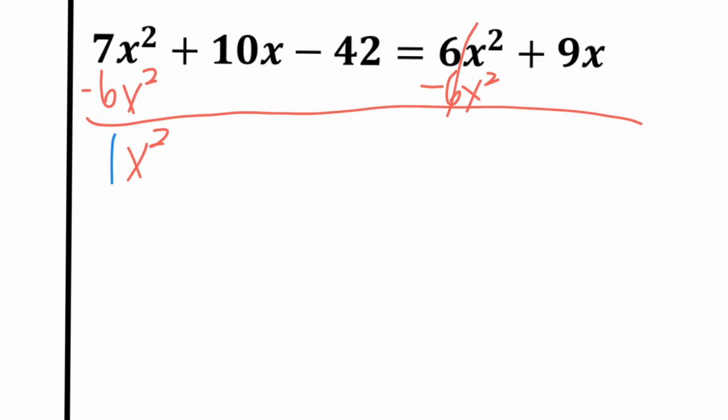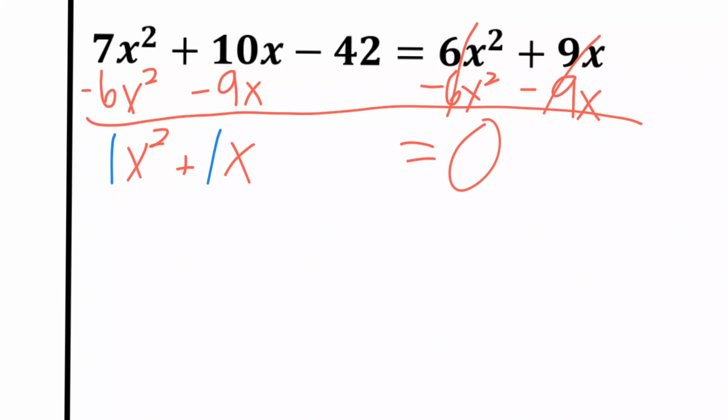Because I moved that x squared over to the left, I'll move this 9x term also over to the left. And I'll put it under the 10x because that's its like term. So 10x minus 9x is positive 1x. You could just put plus x or you could put plus 1x, whatever makes you happy. But since that's gone, now my equation equals 0, which is what you want to happen.